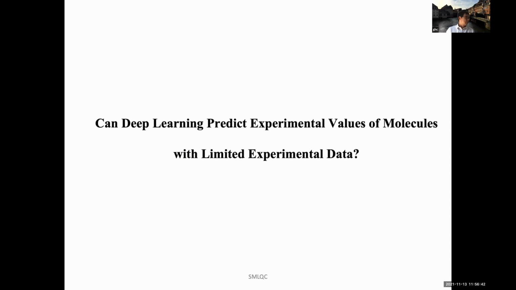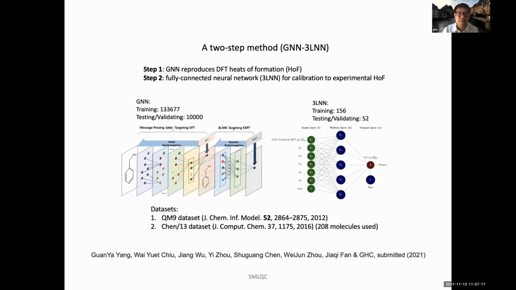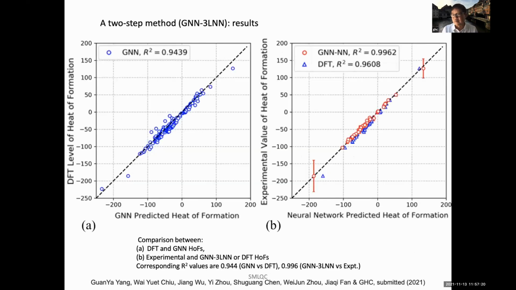What we do is first, like most people, use deep learning to reproduce the DFT result. Then we use what we developed 20 years ago, where we don't have a lot of data, maybe only 100 or a couple hundred data points. We use the output of the deep learning, which tries to reproduce the DFT result, and then correct it with a simple neural net. I will not get into detail. I'm just saying that it can be done.